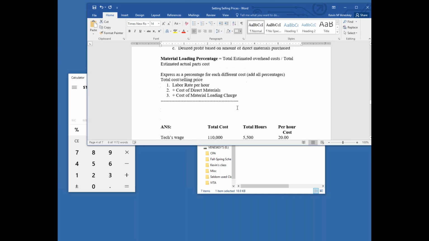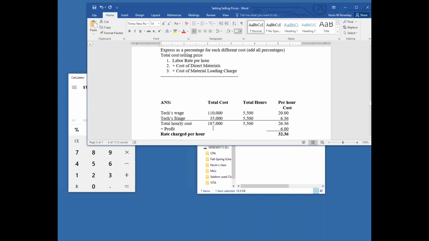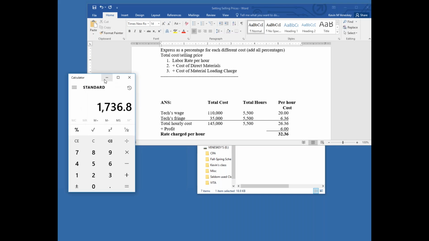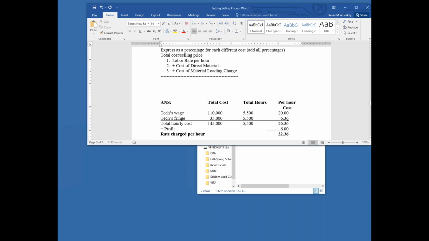Oops, sorry, I need to update this. One should be 145,000. Spreading that out amongst 5,500 hours, we get $26.36.